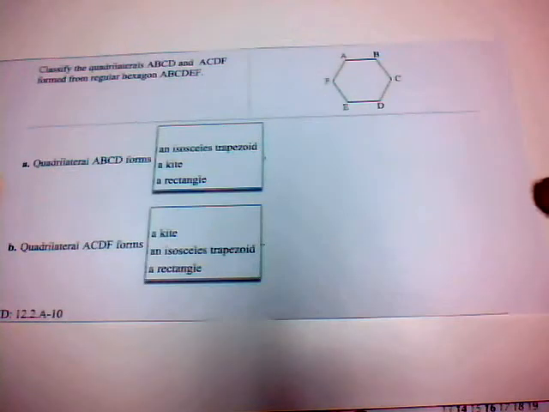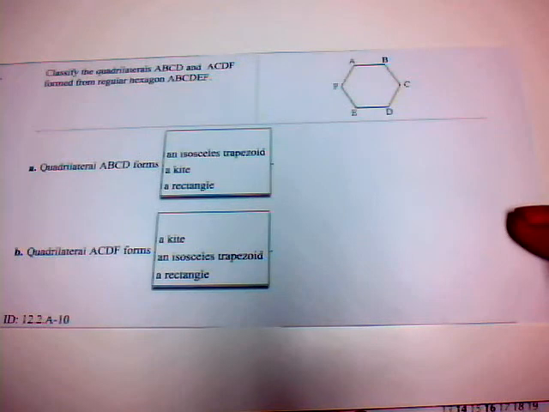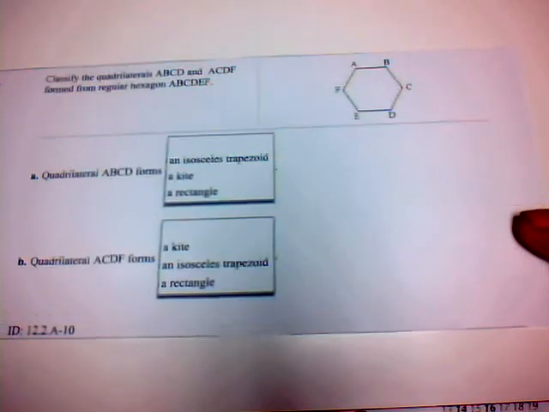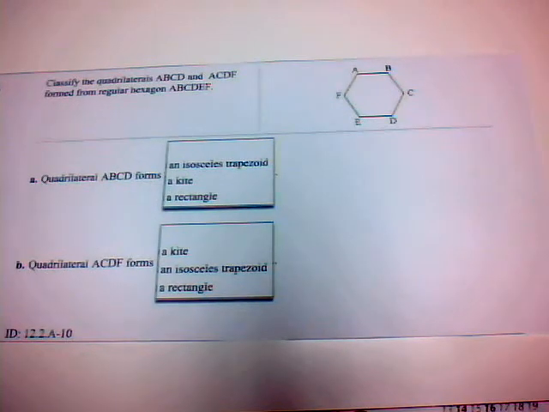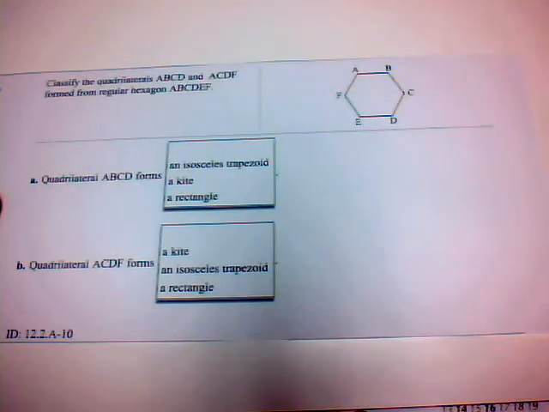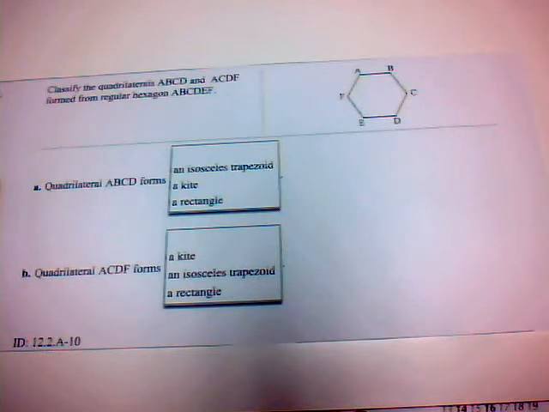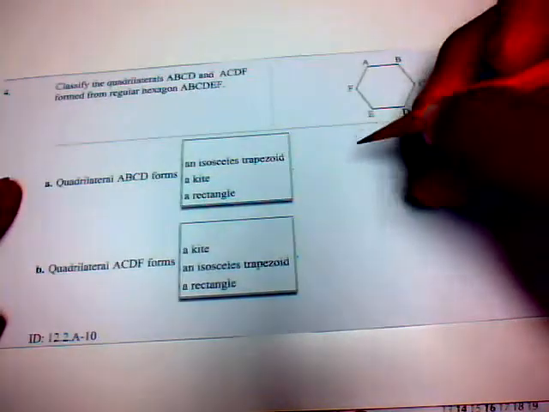Okay, problem number 4. Classify the quadrilaterals ABCD and ACDF formed from the regular hexagon ABCDEF. Okay, in this case here, part A, quadrilateral ABCD forms which one of those 3?